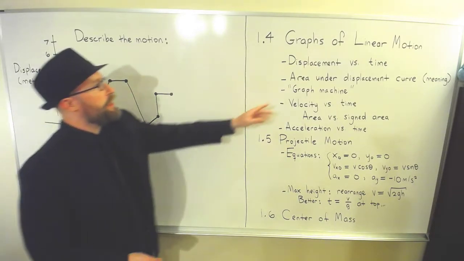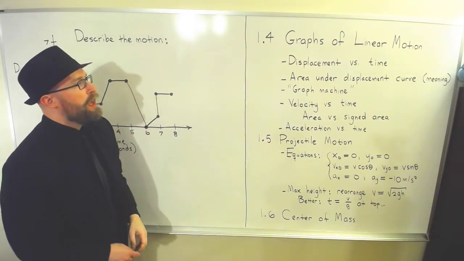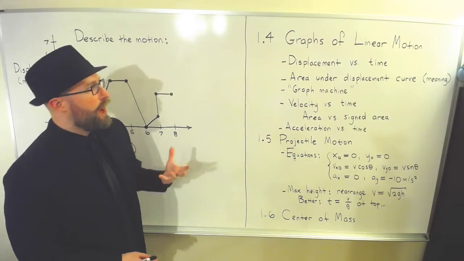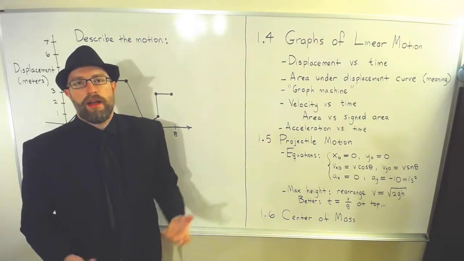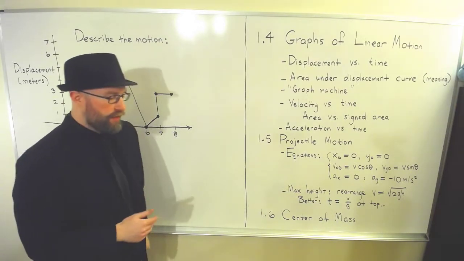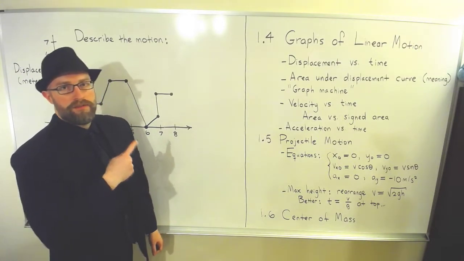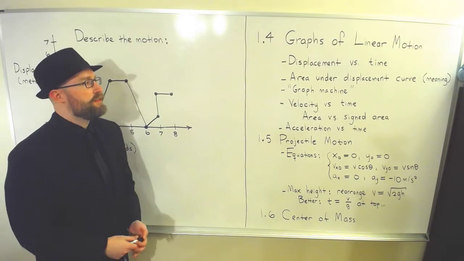Now, resuming with linear motion, we're talking about graphs describing linear motion. And of course, the interpretation of graphs is something that's very important, not just in the context of motion problems. For instance, if you had somebody on an IV and you were giving them medicine through the IV, then you could draw a graph that would tell you how fast they were getting the medication and how that was changing over time.